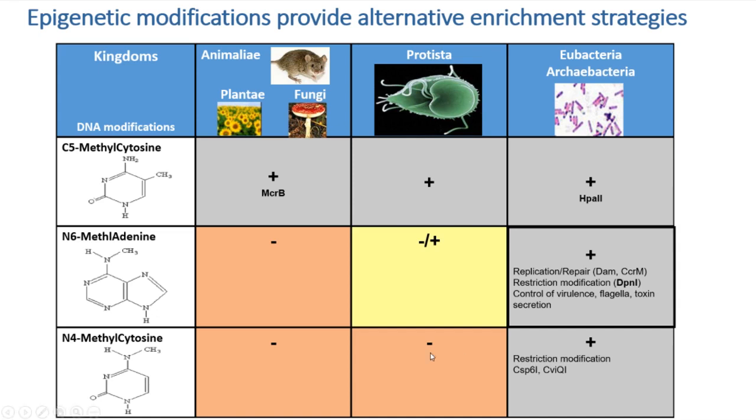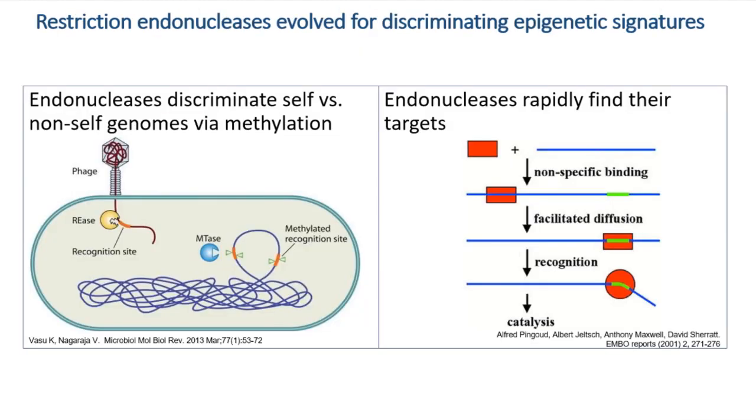So I want to take a moment just to talk to you about the restriction modification system. And there's nothing new about the restriction modification system. In fact, these are enzymes that probably evolved near the beginning of life, some couple billion years ago. And bacteria quickly began to do something to their DNA, and that is to methylate certain bases. And in doing that, they sort of created this epigenetic mark that allowed them to distinguish self from non-self.